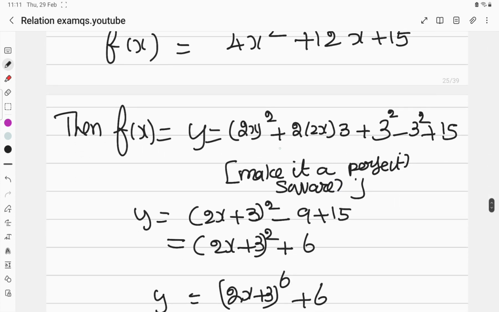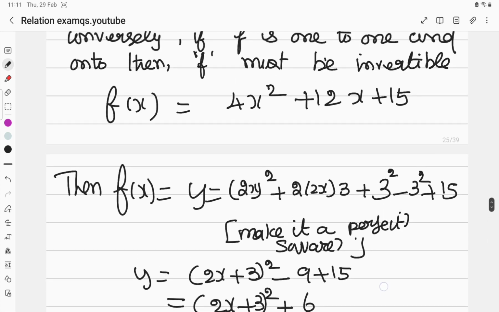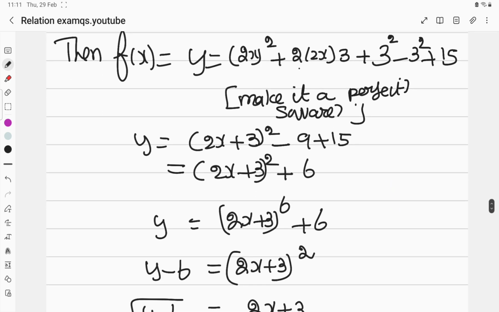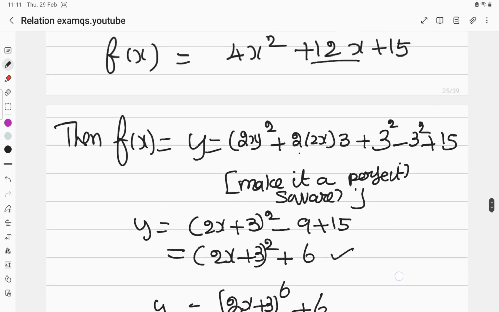is equal to y. We have to make it a perfect square. For (2x) the whole square, we split 12x in the middle term and arrange it properly.